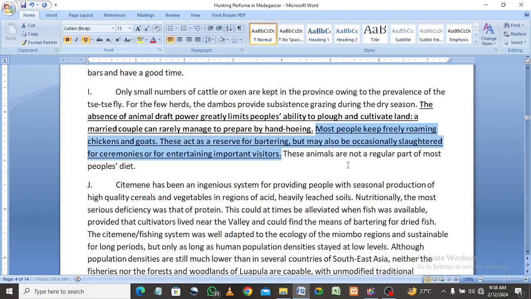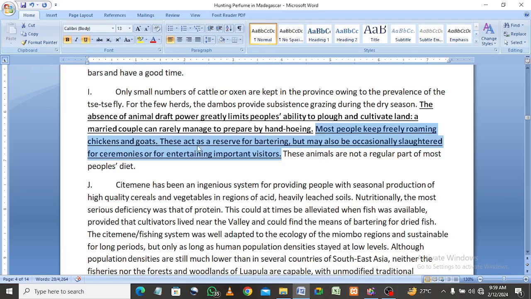if you read it one more time, look at what it said. They said, most people keep free-roaming chickens and goats.